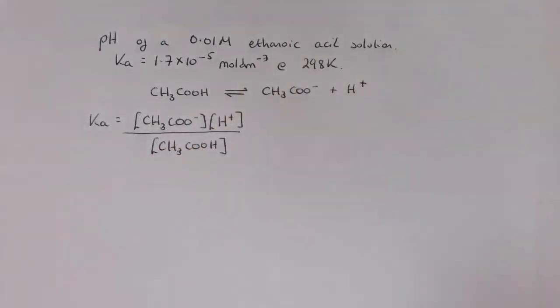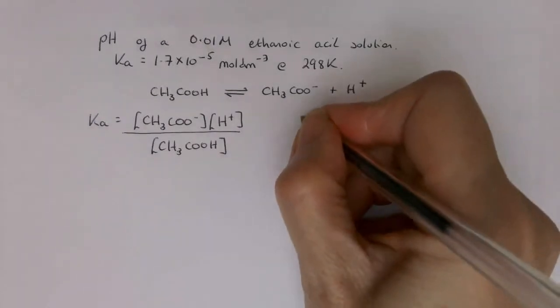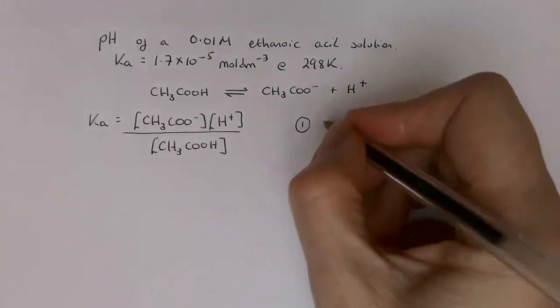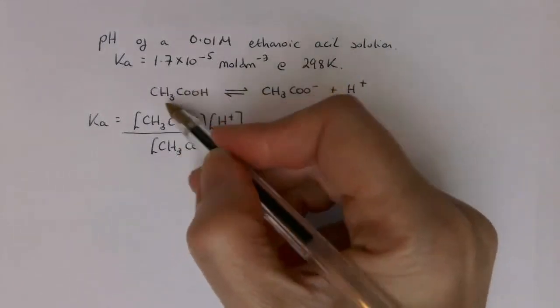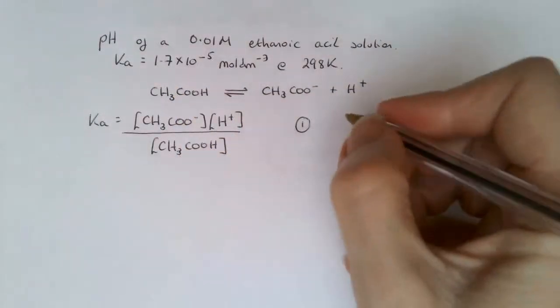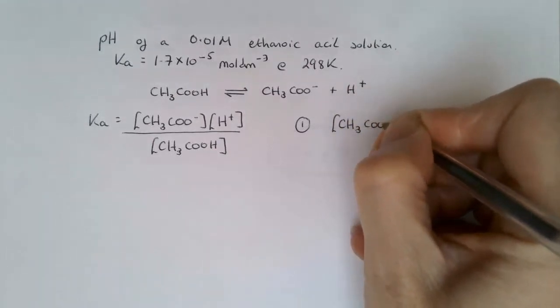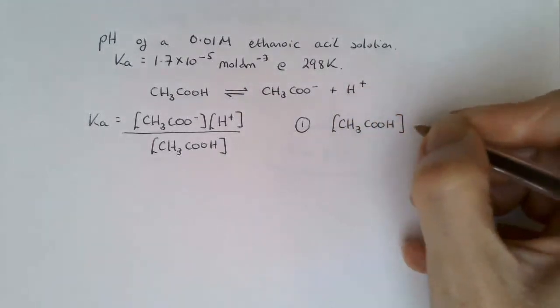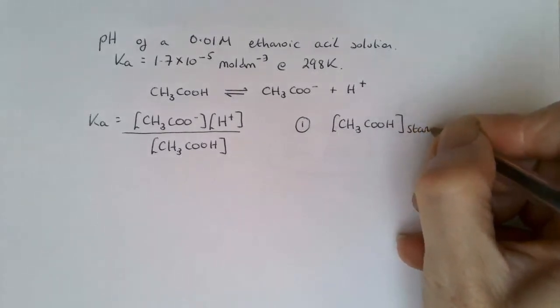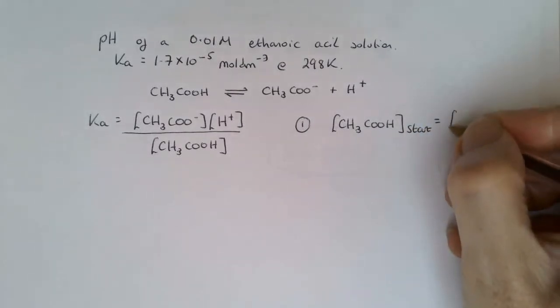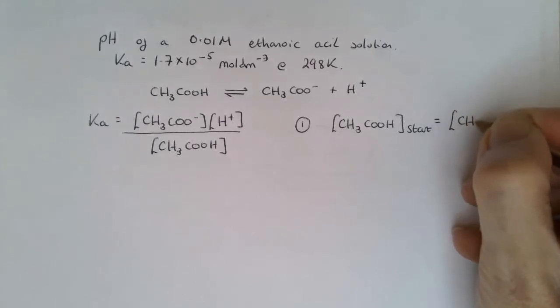Now, in order to calculate this, I need to make various assumptions. The first assumption I am going to make is that so little of this acid ionizes, because this is a weak acid, that I can say that the concentration of the ethanoic acid at the start, before this reaction has taken place, equals the concentration of it at equilibrium.